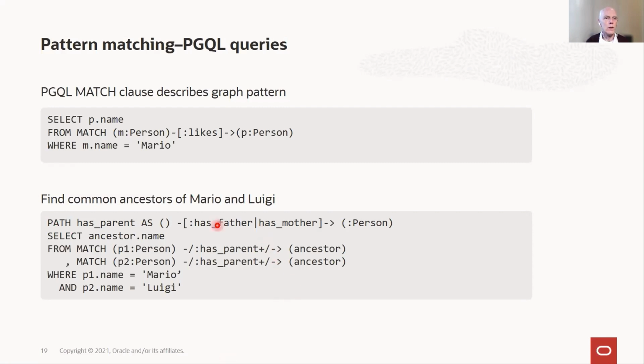Here at the bottom, this repetitive pattern, this plus sign, indicates that we're looking for one or more consecutive edges of type as parent, right? And with this query, we're identifying all the common ancestors of a vertex of type person with P1 name equal to Mario and P2 name equal to Luigi.